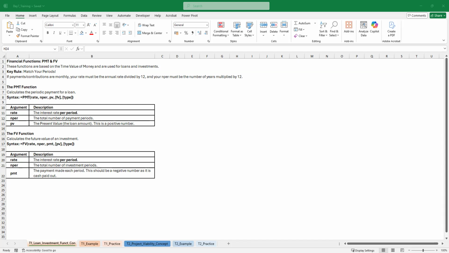Here, PMT is the regular amount you invest. It is again a negative number, as it is going out of the pocket, and this function tells you the final positive value of your investment. We'll try to understand them in detail with the example that we are going to see.